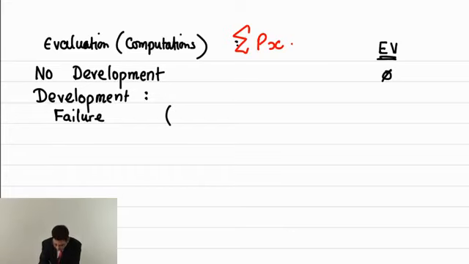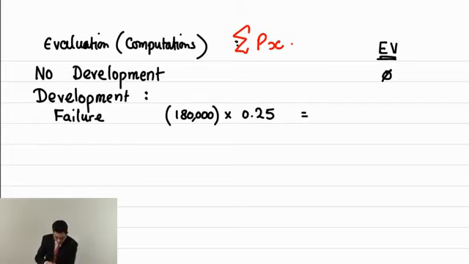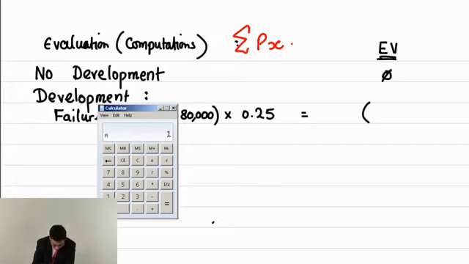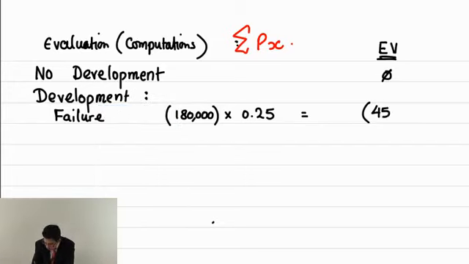Okay, because we spent the money already, 180,000 times 0.25, and here is the expected value: 45,000, which is negative because it's a loss. So if we develop, we may fail, and in that case we may end up with a loss of 45,000.